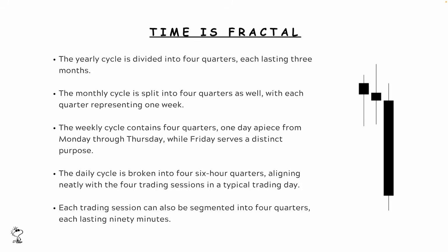The same goes for time being fractal, meaning cycles and the quarters within these cycles are repetitive. They happen on higher time frames and lower time frames. And this is really going to give us massive insight into what our higher time frames are telling us in correlation to our lower time frames.